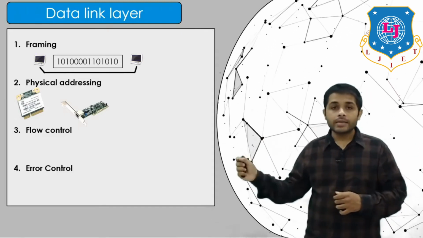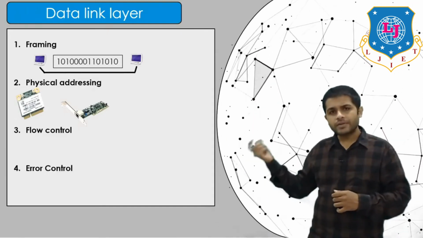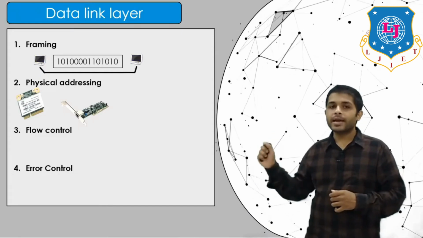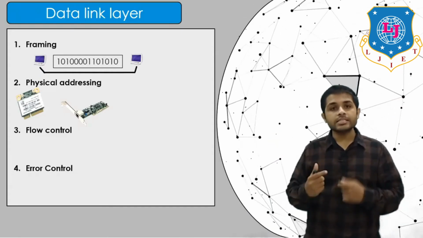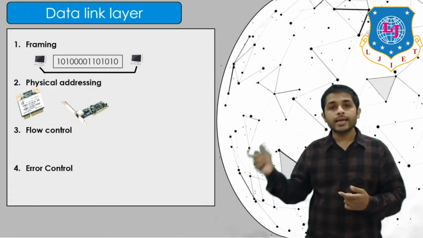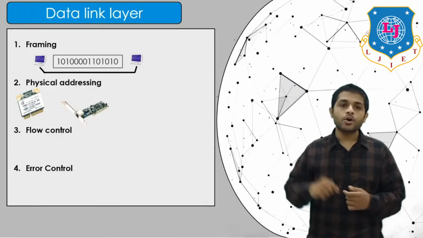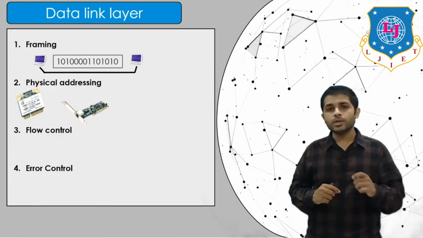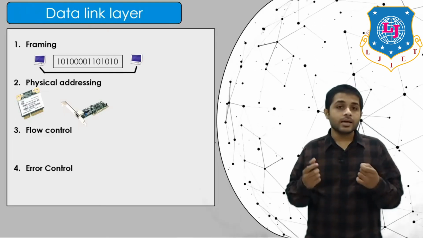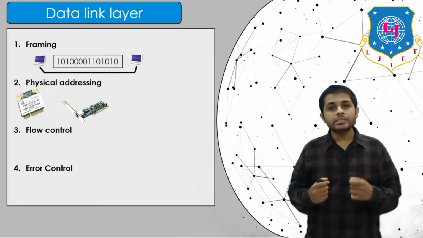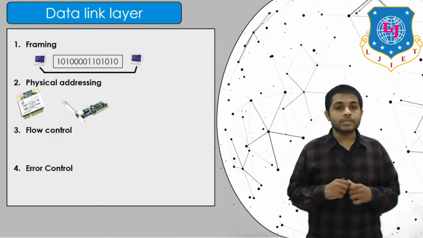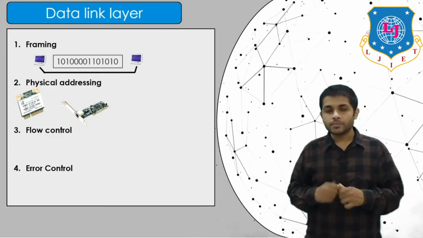This network interface card or the Wi-Fi card has unique MAC address. So when the device is being manufactured, 48-bit MAC address is burnt on the device, and it is unique. Unique means that no two device can have same MAC address.